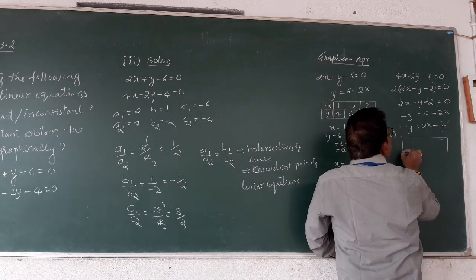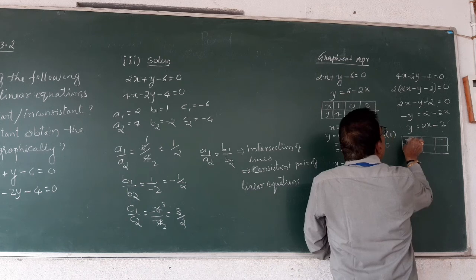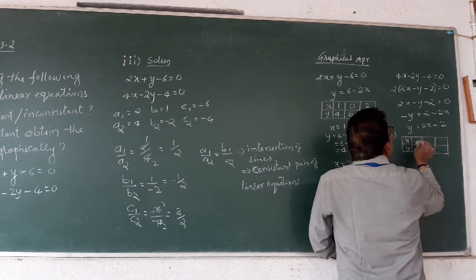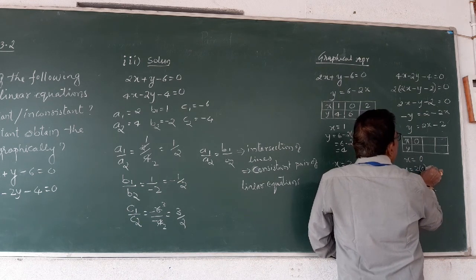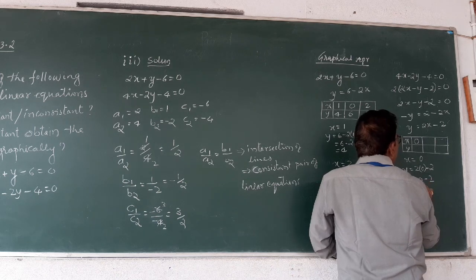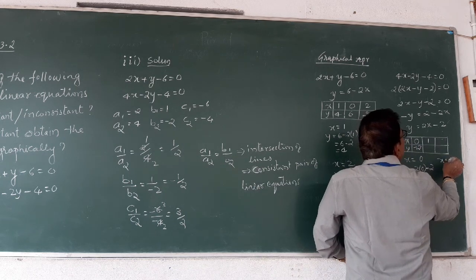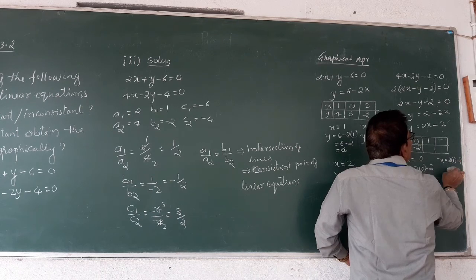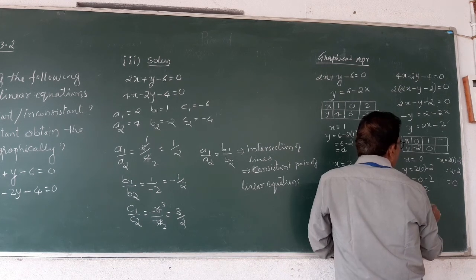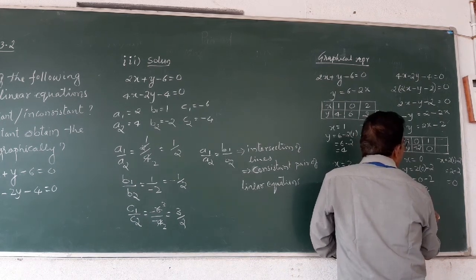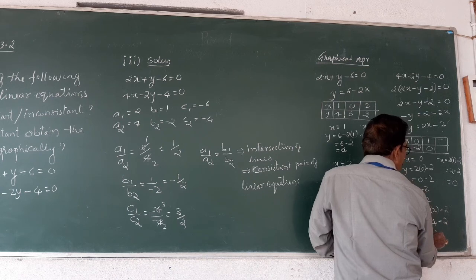Tabulation. x equals 0, y equals 2 into 0 minus 2, that is minus 2. x equals 1, 2 into 1 minus 2, 2 minus 2, that is equal to 0. x equals 2, y equals 4 minus 2, that is equal to 2.